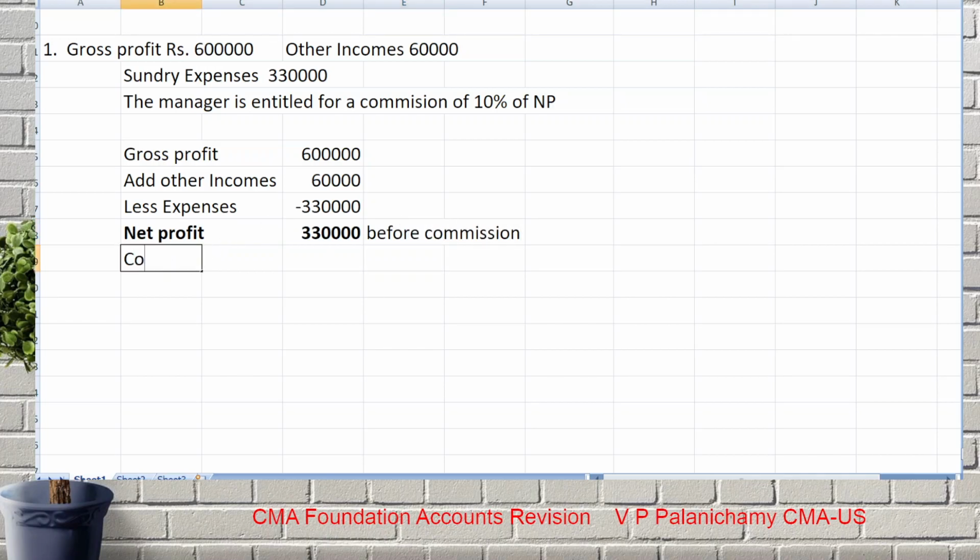What is the commission payable to the manager? 10% of net profit. 3,30,000 into 10%. So net profit after commission is 3,30,000 minus 33,000. So the question can be calculate commission or calculate net profit after commission, they can ask you.